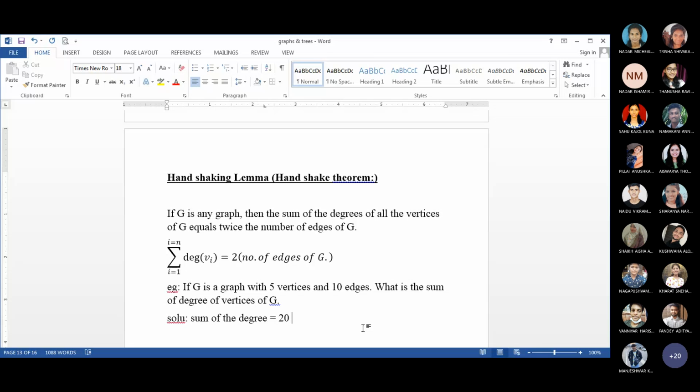Again, you can expect a question in MCQ format based on this handshaking lemma. Okay, you can expect a question based on your handshaking lemma.